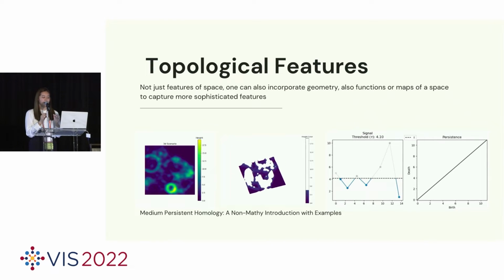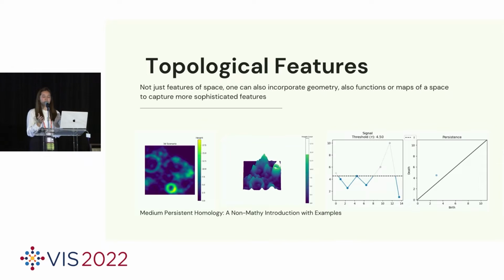And here's an example to show how we can capture topological features given images or a scalar field kind of function. This image shows a sublevel set filtration, and how this filtration, like I said before, creates a sequence of increasing topological spaces to capture the change activity based on the critical points.